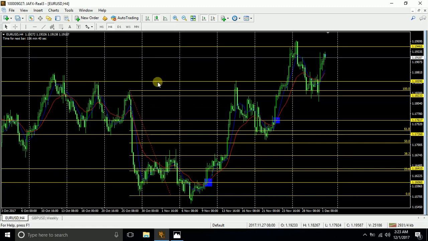Now we're back to the Euro USD. Same thing I showed you before. Rally, high, low. If we were anticipating it still going down, we would have looked for a reversal at the 38.2 or the 61.8. We clearly broke the 100 level.